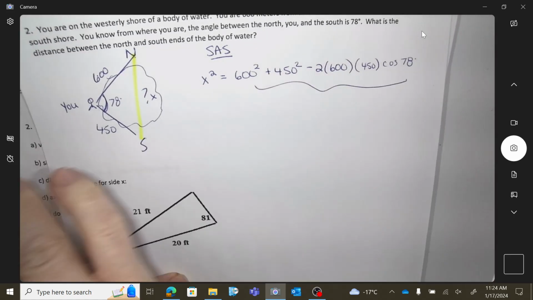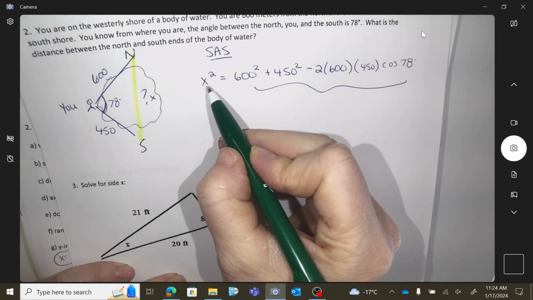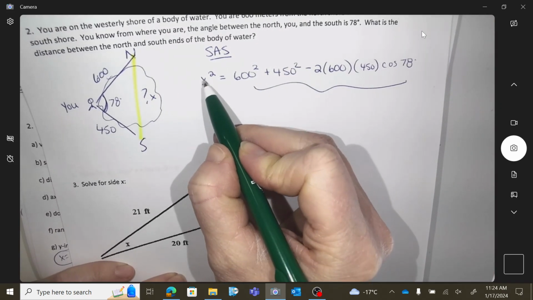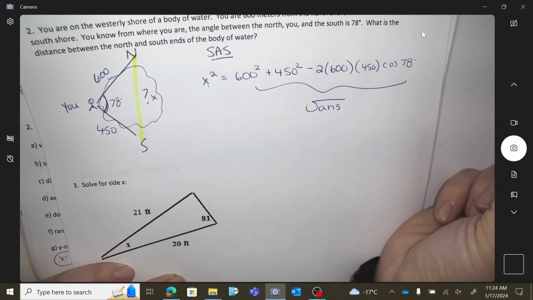You should be able to type this all in one big shot, and then to get x, this is x squared, so I'm going to square root the answer button.